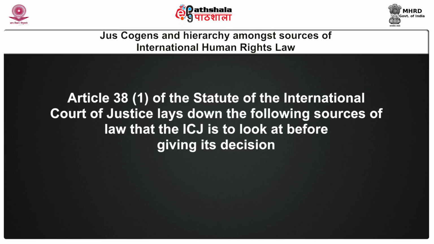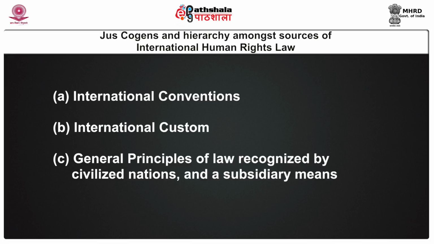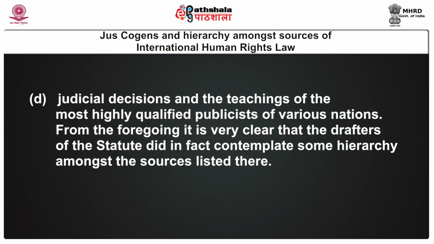Article 38, Clause 1 of the Statute of the International Court of Justice lays down the following sources of law that the ICJ is to look at before giving its decision. That is, international conventions, international custom, general principles of law that are recognized by civilized nations, and as a subsidiary means, the judicial decisions and the teachings of the most highly qualified publicists of various nations.